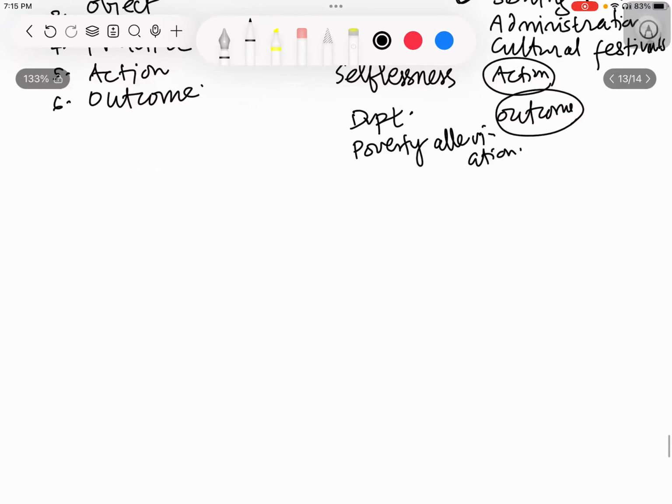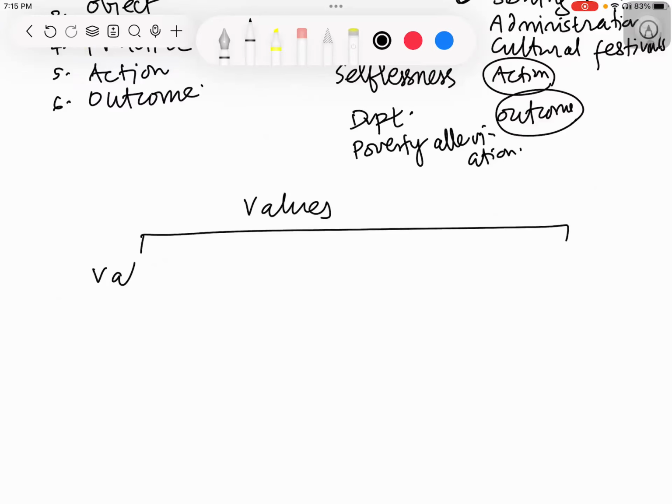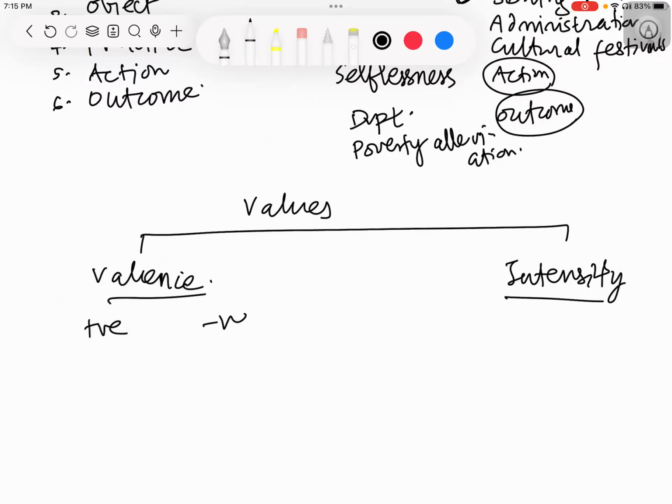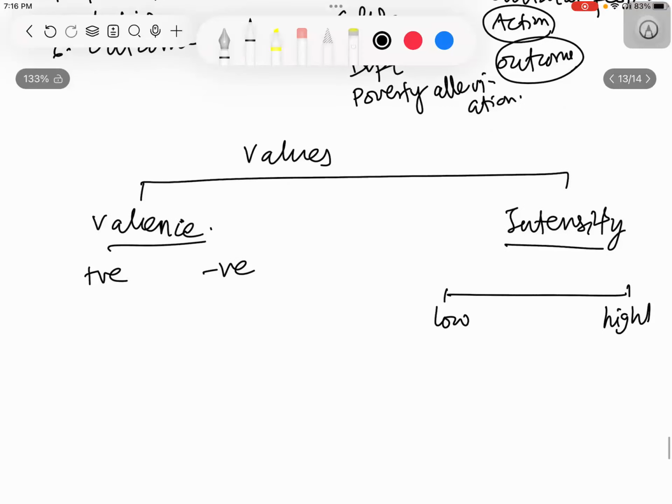Now remember another thing, values also differ with respect to their valence as well as their intensity. What this means, valence means whether it is positive or negative. Intensity means on a scale you can talk about maybe 0% to 100%, or in some sense lowest to highest. Suppose we can attach even negative value to something.